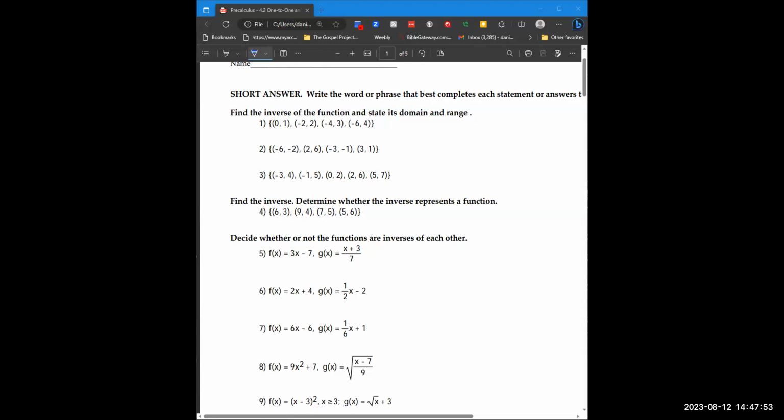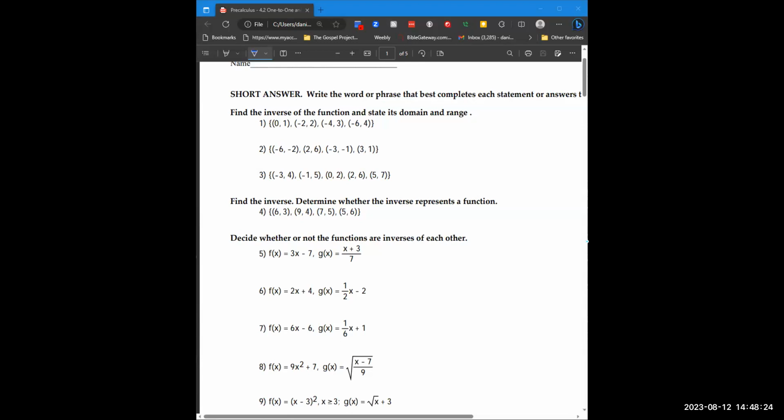This is going to be the domain of my inverse function, and this is the range of my inverse function.